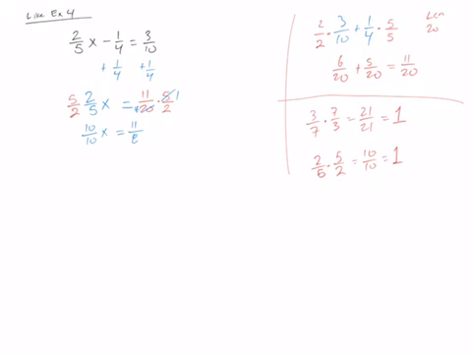But of course, this 10 over 10 is just simply 1. So the left hand side is x, and x is equal to 11 over 8. Or if you wanted, you could say that would be 1 3/8. Either one of those would be completely appropriate.